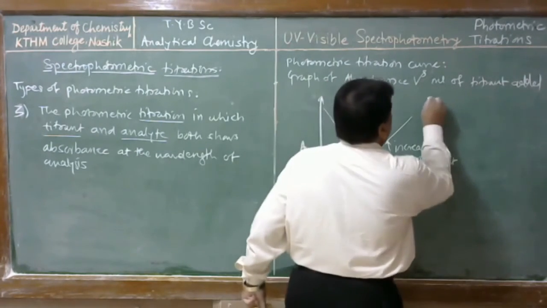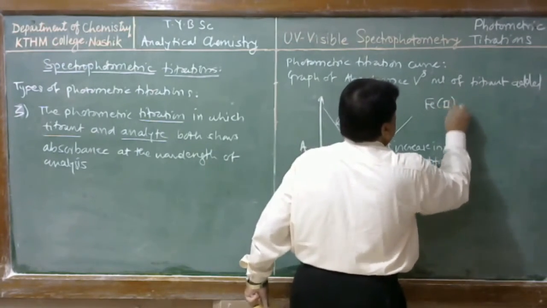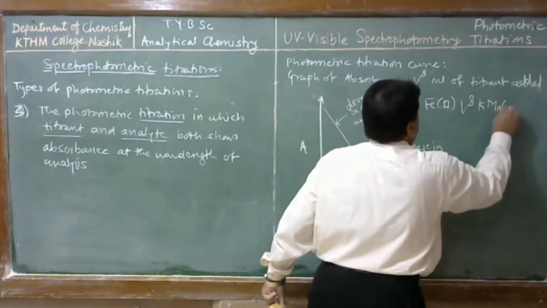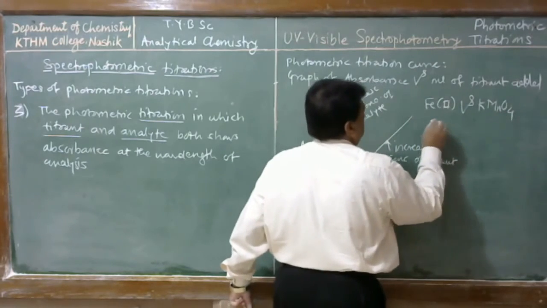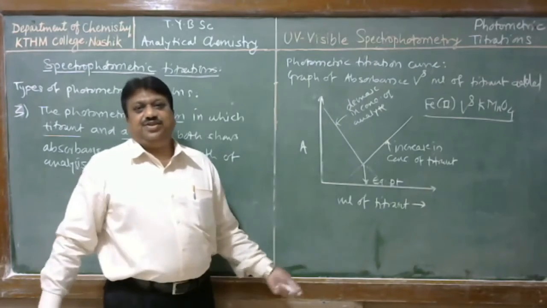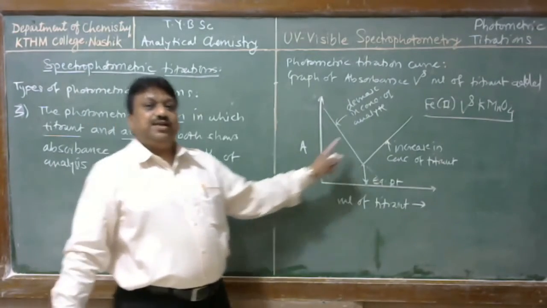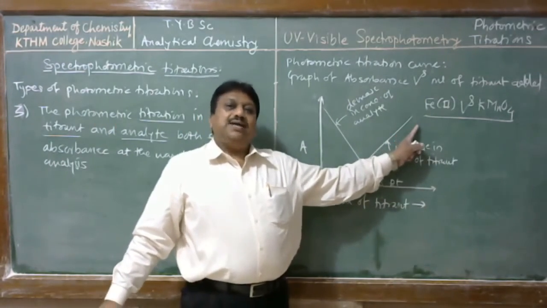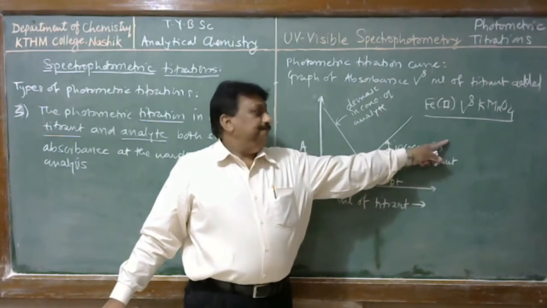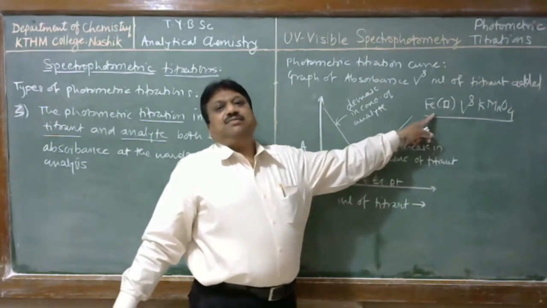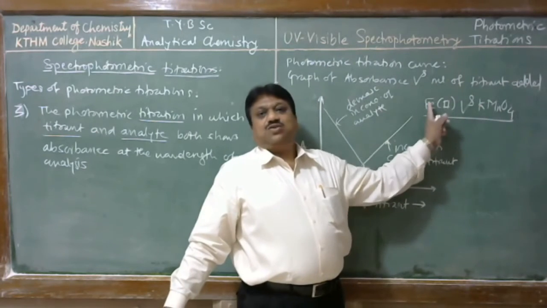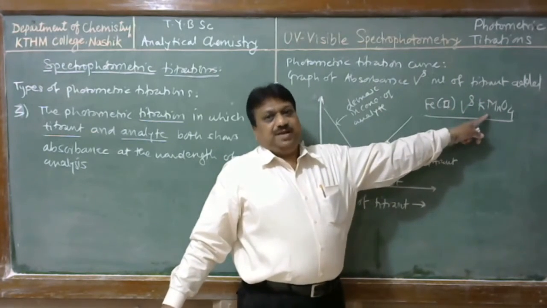For example, if we titrate Fe(II), which is a green color solution, with potassium permanganate KMnO4, this type of titration gives a V-shaped titration curve when we select a wavelength at which both iron(II) as well as potassium permanganate show absorbance. In this case, iron(II) is converted to iron(III) by oxidation with potassium permanganate.